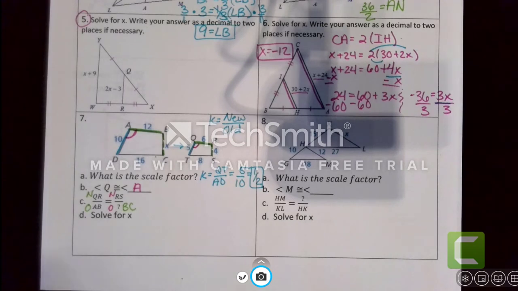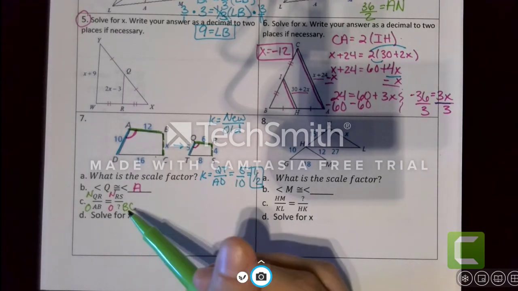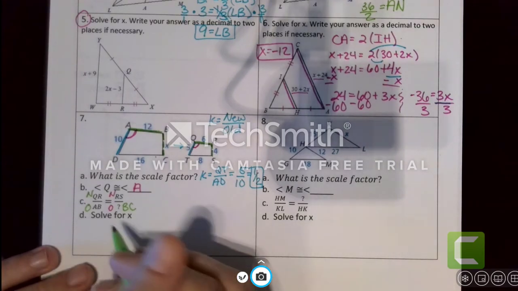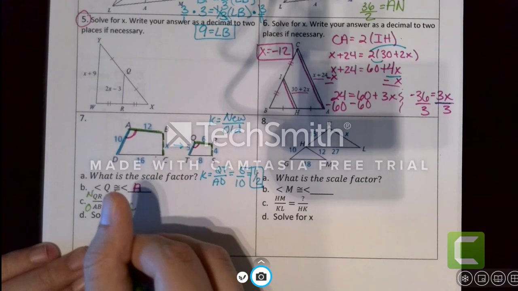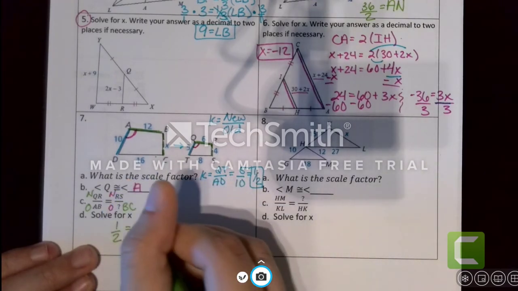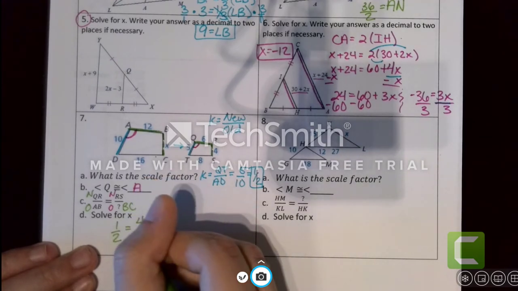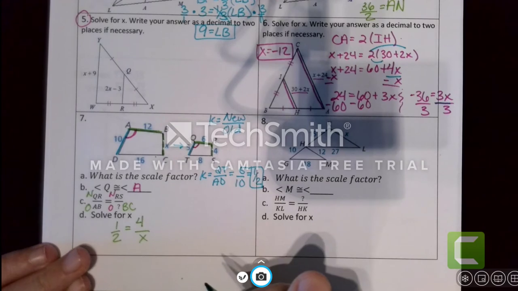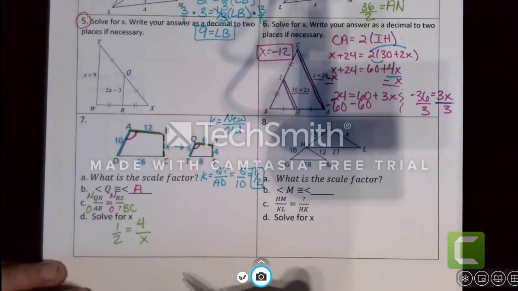Now let's solve for x. Again, we're talking about scale factors. So we already know that my scale factor for QR divided by AB is actually 1/2. And I'm told that RS is 4, but I do not know the measurement for BC, which is x. The way you solve these is you do cross multiplication.